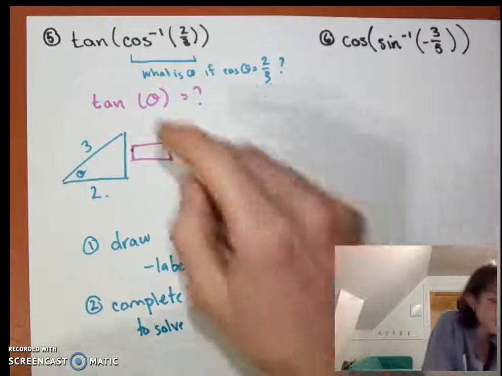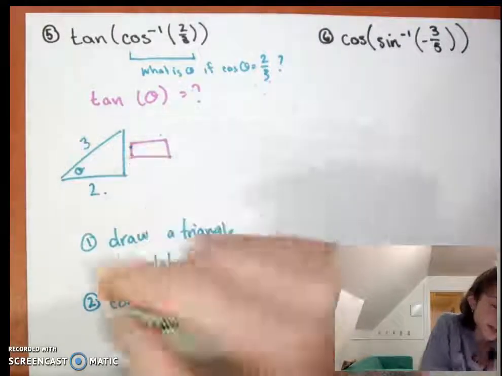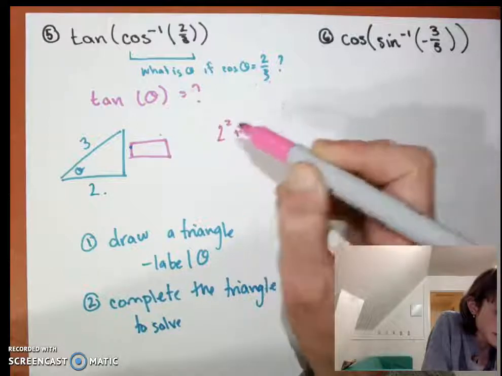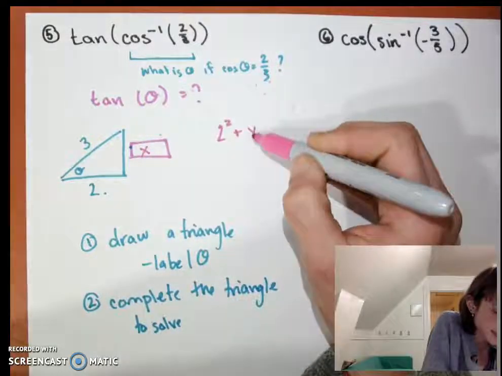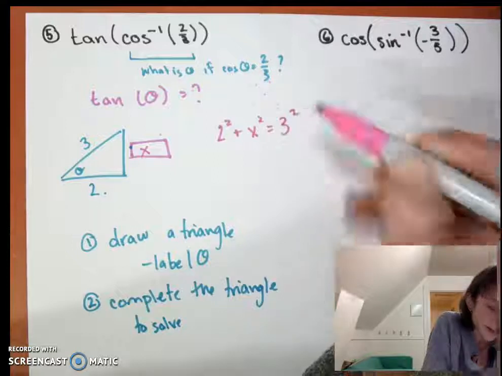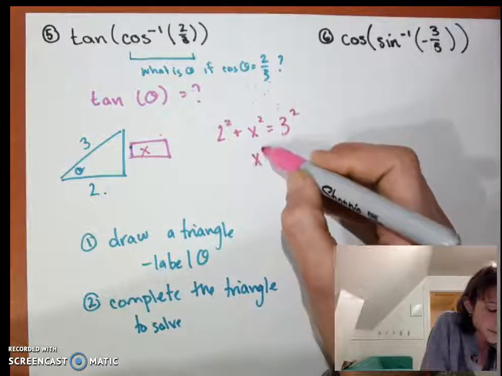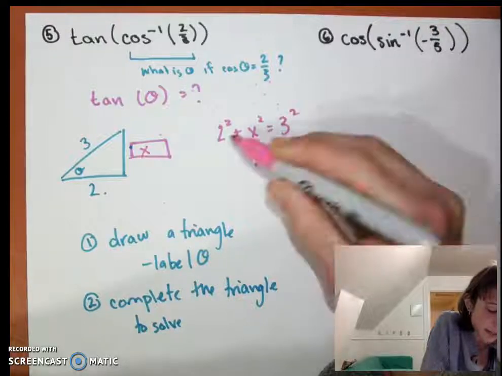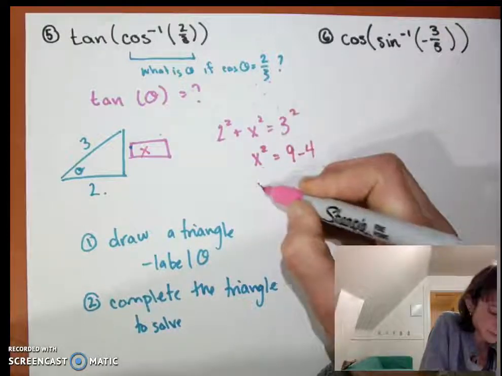So how do I complete this triangle? It's a right triangle, so I can use Pythagorean theorem. And I have 2 squared plus, let's say that's x squared equals the hypotenuse squared. So solving this, x squared equals 3 squared, which is 9, minus 2 squared, which is 4.